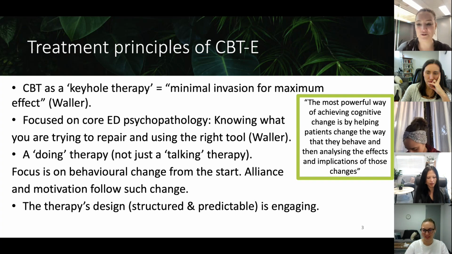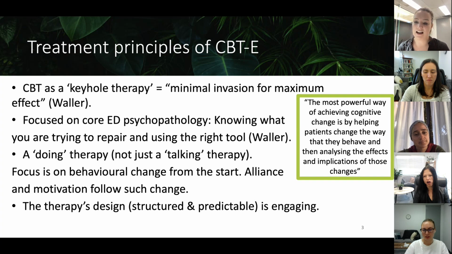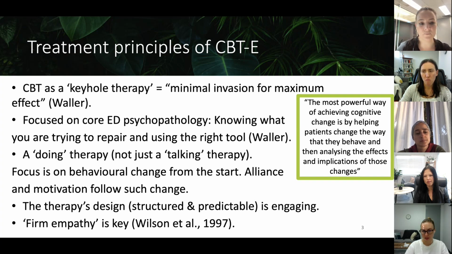When we had a bit of a laugh and talked about that towards the end of treatment, she actually helped me understand that CBT-E in its framework and its delivery almost mimics anorexia. It's predictable, it's consistent, it's structured, and in the early stages of treatment, as much as someone might resist it, there's something that's also containing in that.